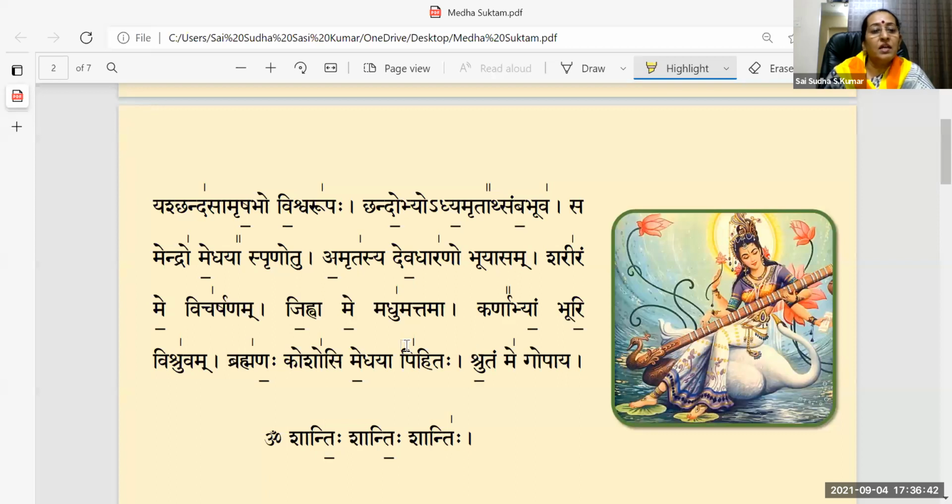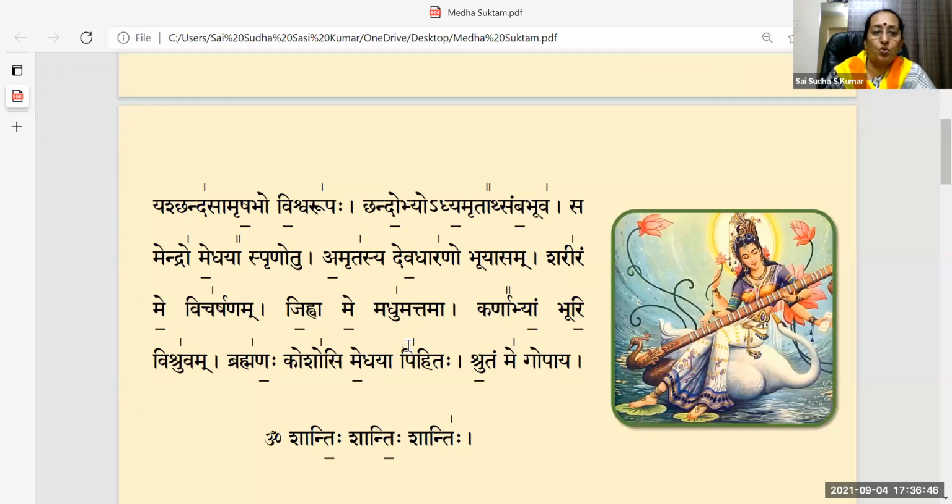Then sa mendro medhaya sprunotu. Now again medhaya. It is medhaya, it is not medaya. There is a difference between medha and meda. Meda, as per the Sanskrit dictionary, is obesity or fat.